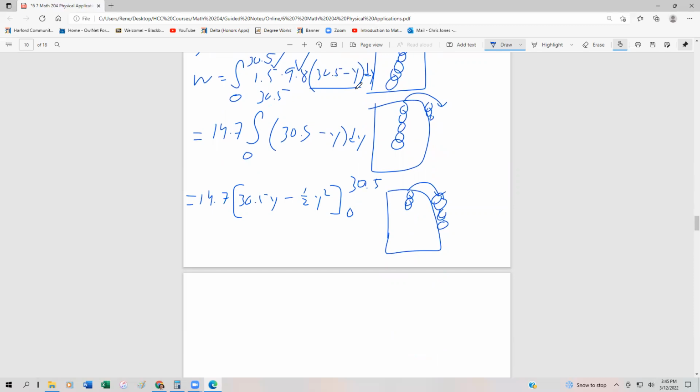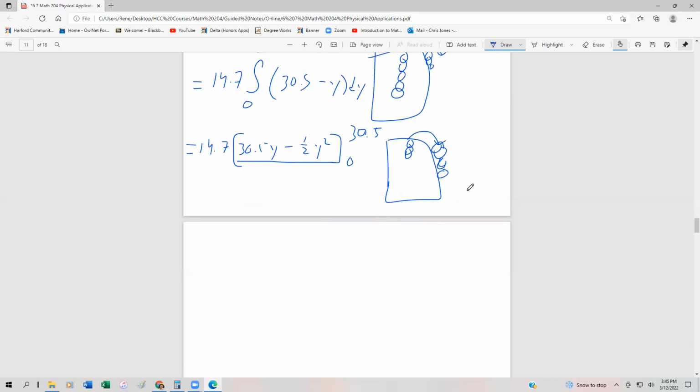Good news is that this is a polynomial, so 0 is going to cancel out, and 30.5 doesn't make it too difficult to compute either. So we get 14.7 times 30.5 times 30.5 minus 1/2 of 30.5 squared.